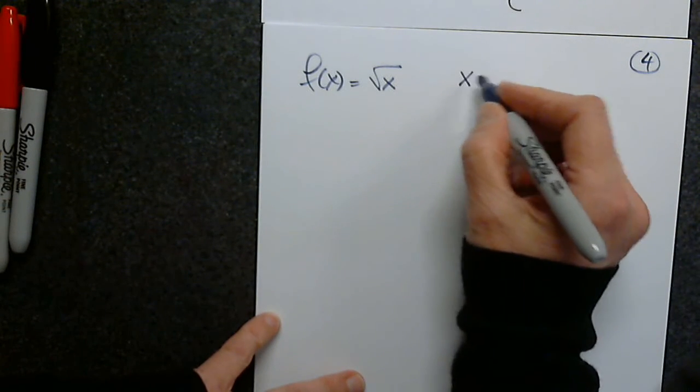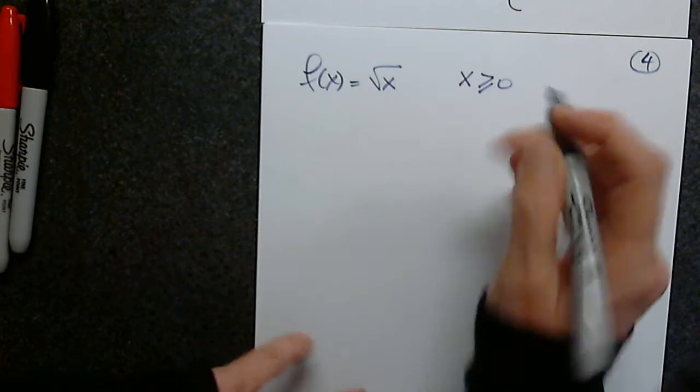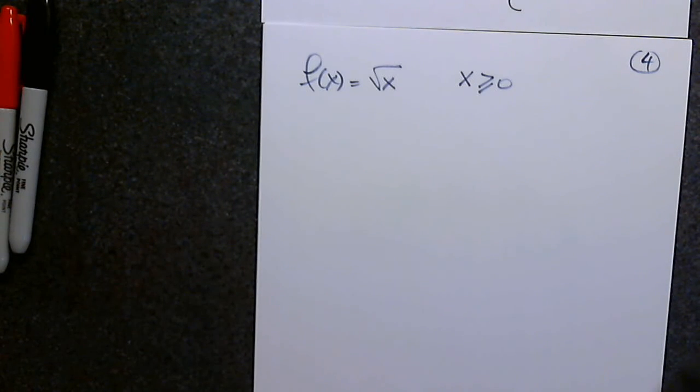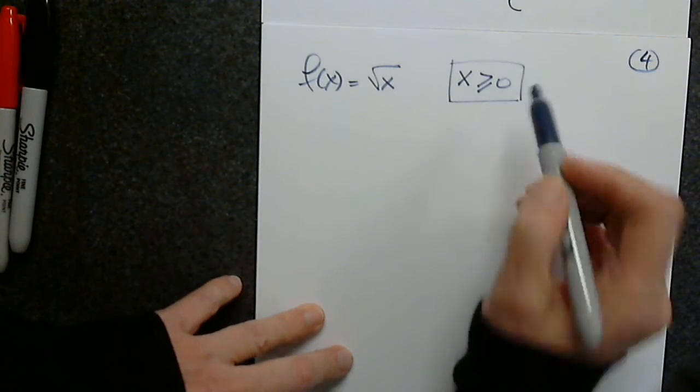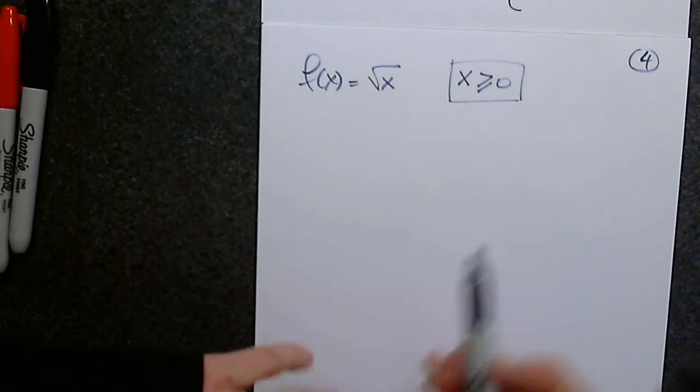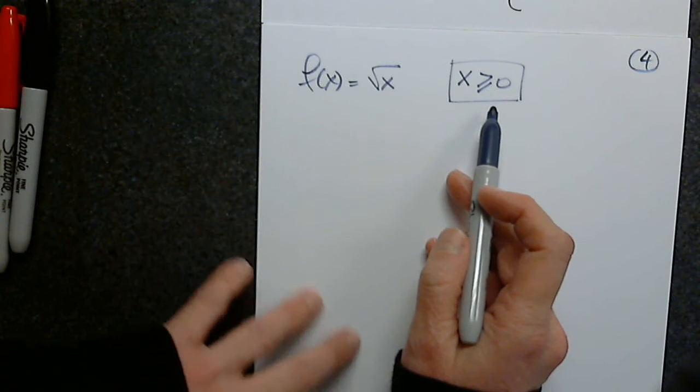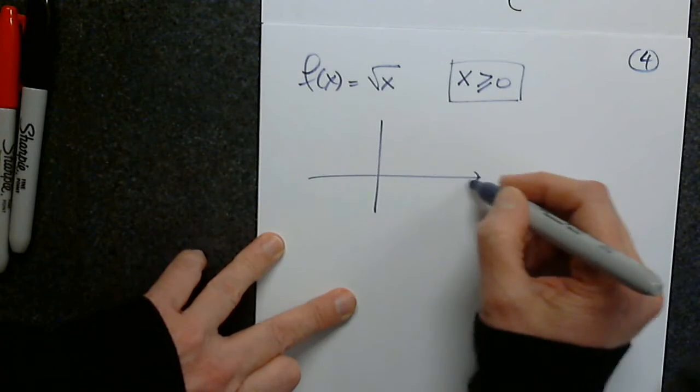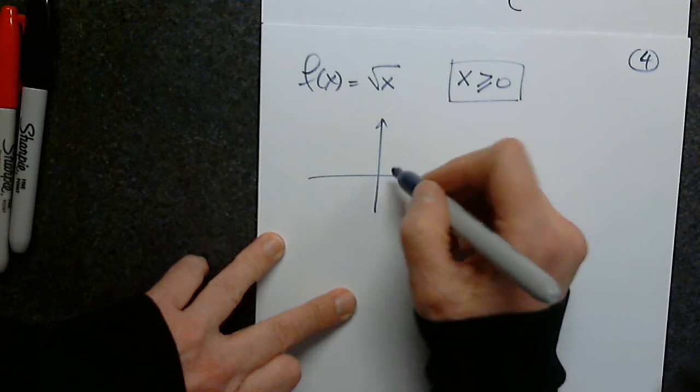The shape of the graph. No, first of all, the domain. Every time we are talking about any function, we refer to the domain first. It can't be negative? Correct, but we have to write this. So then when we graph it, you can use a table and so on.